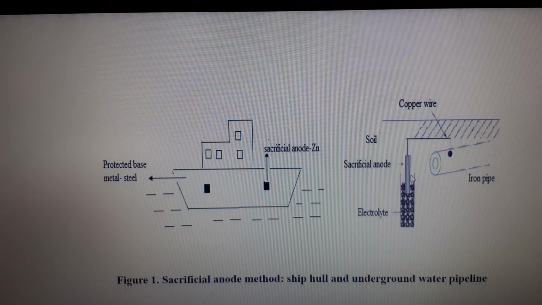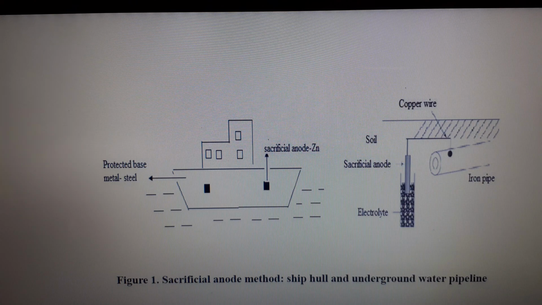The corroded sacrificial anode block is replaced by a fresh one when consumed completely. Metals commonly employed as a sacrificial anode are magnesium, zinc, aluminium, and their alloys.